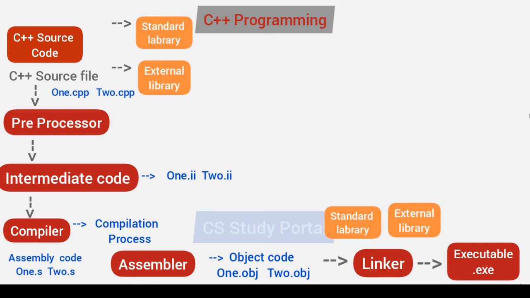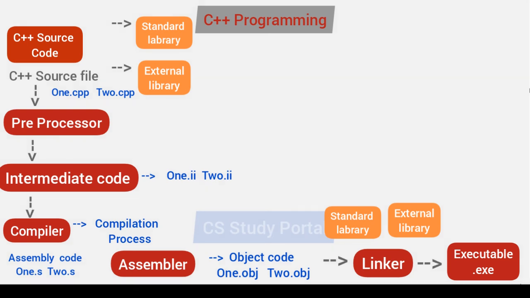The linker will generate the error if it can't find the library, and you need to go back to your source code, make sure that you have used the proper library, and then recompile the program and do all the steps again. And if the linker can find all the required libraries, then it will generate the executable file.